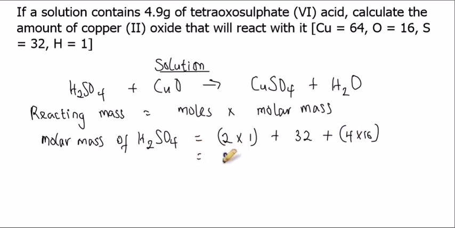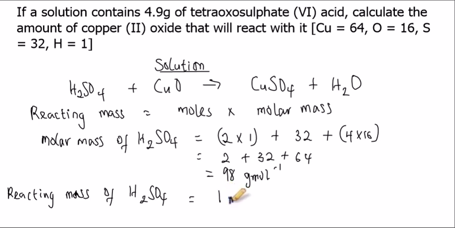Calculating this, we have 2 plus 32 plus 64, which is equivalent to 98. The unit is grams per mole. So the reacting mass of H2SO4 will then be equal to 1 mole from the equation multiplied by 98 grams per mole. So here we have 98 grams.